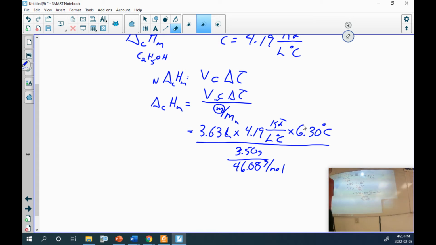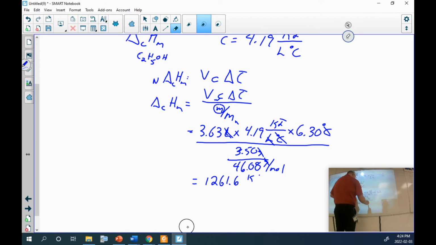and now from here it's just a calculator question. Once you get everything in the right place, calorimetry is not that difficult. We end up with, and the units, the liters go away, the degrees Celsius goes away, the grams go away, and we end up with kilojoules per mole.